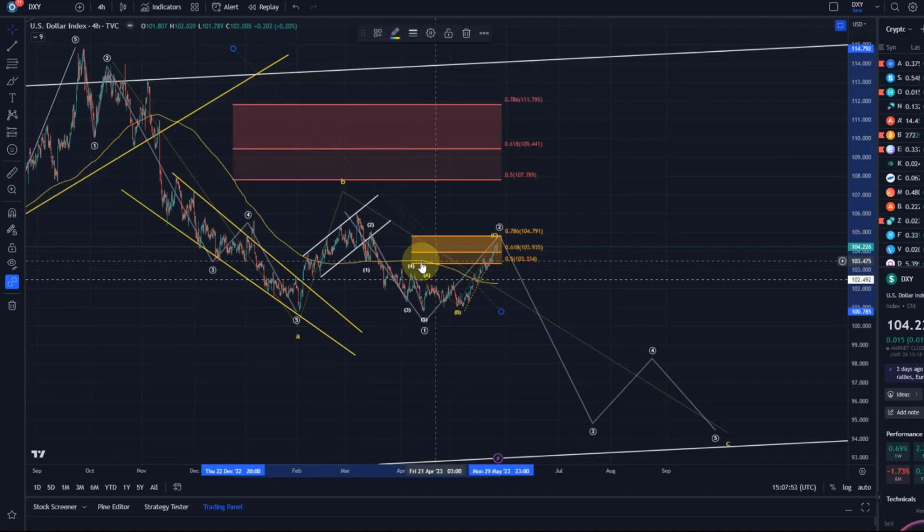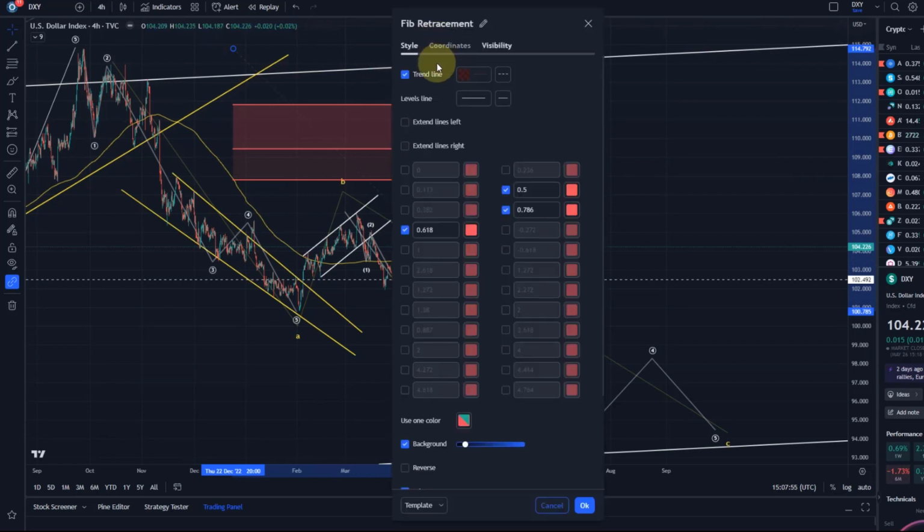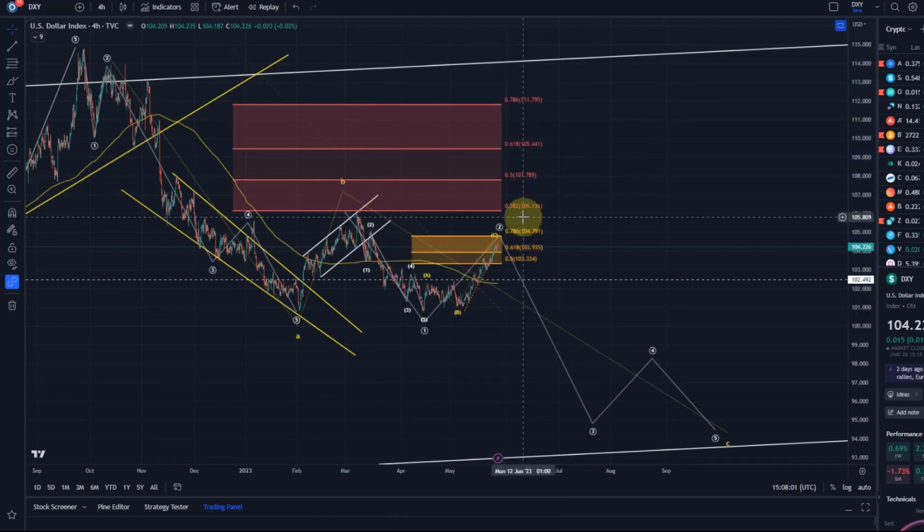So a B wave retracement should take it to 38.2. See here, the 38.2 Fib level was at least nearly reached, nearly at $106. I think we came to $105.50 or something. But yeah, nearly there. From that point of view, I'm okay with that, but it would be a very weak B wave.